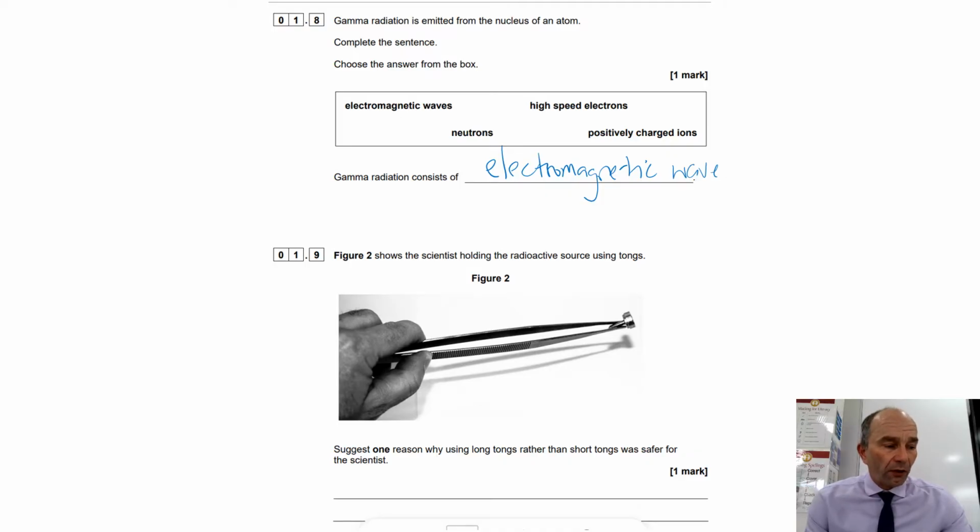So you need to be making the point that you are reducing the amount of radiation that the scientist is exposed to. You can't say that it stops the scientist being irradiated. That's just not true. It just keeps the radioactivity further away from the person. Okay, and that's your first question done. It's out of 11. Hopefully you've got 11 out of 11 on that one.